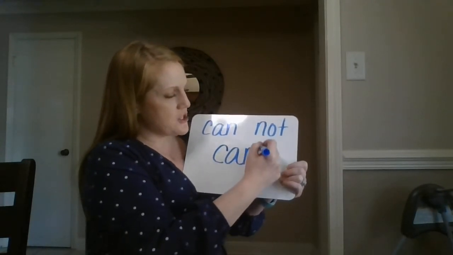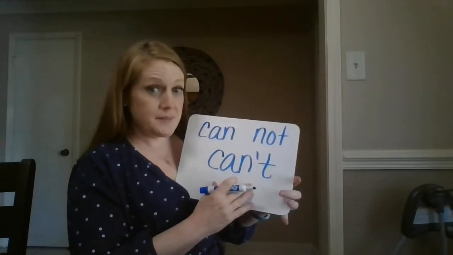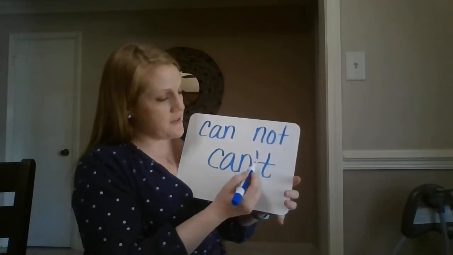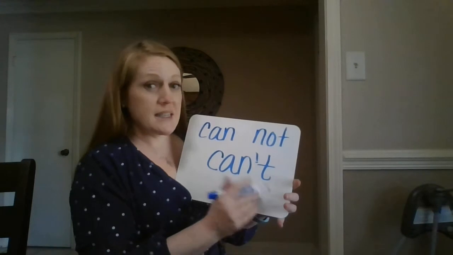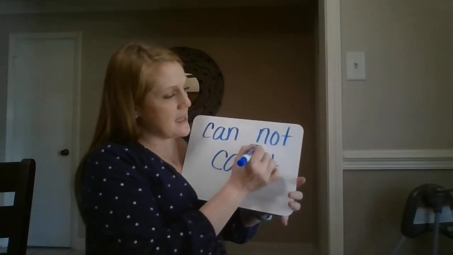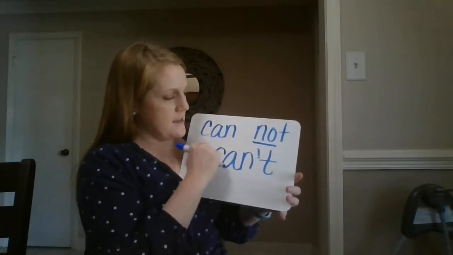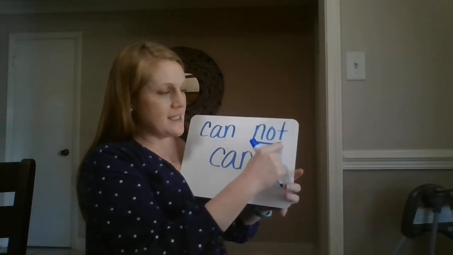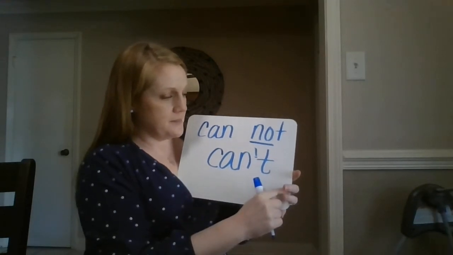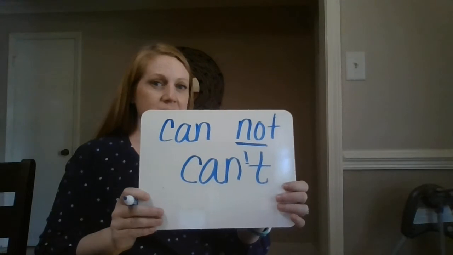The contraction for cannot is can't. The apostrophe here is actually taking the place of two letters, the N and the O. C-A-N is right here, and then the T. Can't. Cannot becomes can't.